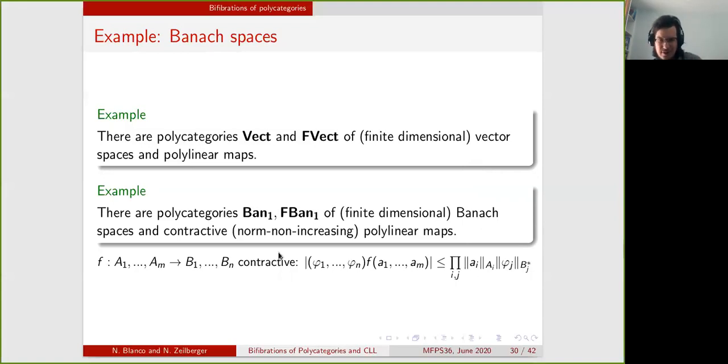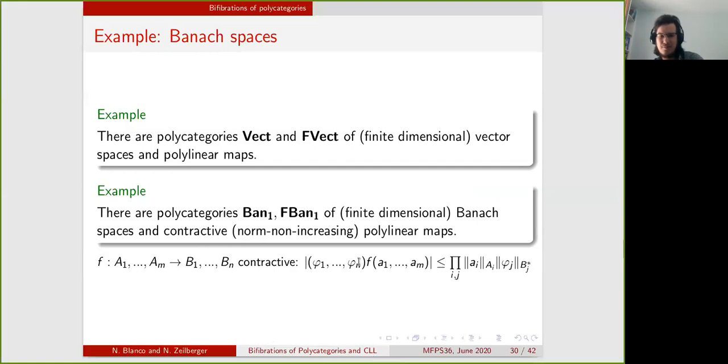And so this means that this equation holds: for any objects A1 through Am, and any linear forms phi1 through phin that go from any B's into the field, if you want to think of it, objects of the duals of the B's.